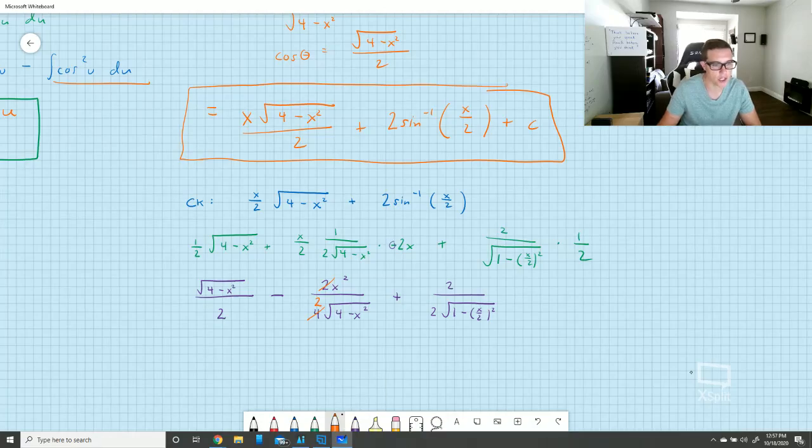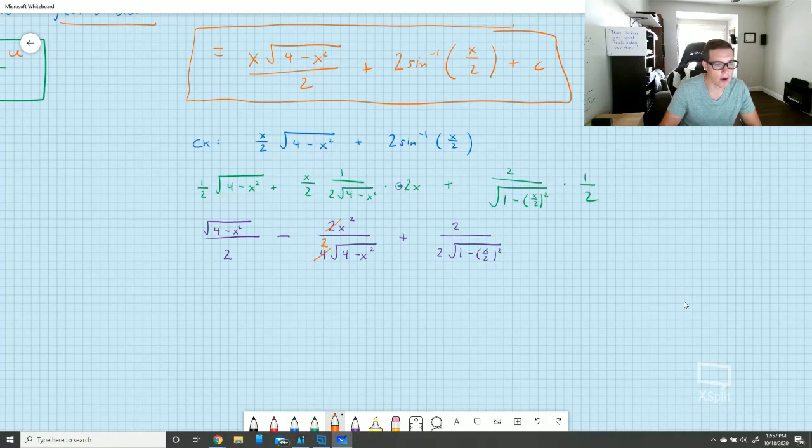This first fraction needs a radical 4 minus x squared in the bottom. So I'm going to multiply by 4 minus x squared, rad 4 minus x squared. Well, the cool thing about the top is it just becomes 4 minus x squared over 2 rad 4 minus x squared. This one's already done, so I'm just going to rewrite it: minus x squared over 2 rad 4 minus x squared. Now this one, I'm actually going to end up putting the 2 back inside, which means it becomes a 4.